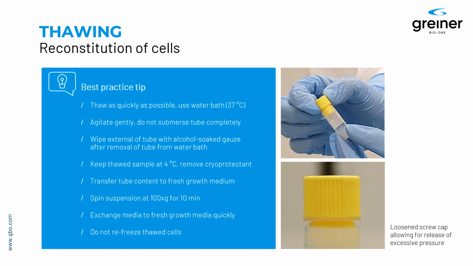On the right hand side, you see a best practice tip in a picture. It's the idea that after removal of a cryovial from your liquid nitrogen storage, you untighten the screw cap, you loosen it a tiny little bit, and if for some reason pressure has built up in the tube, then this can be released and there will be no damage of your tube and sample.